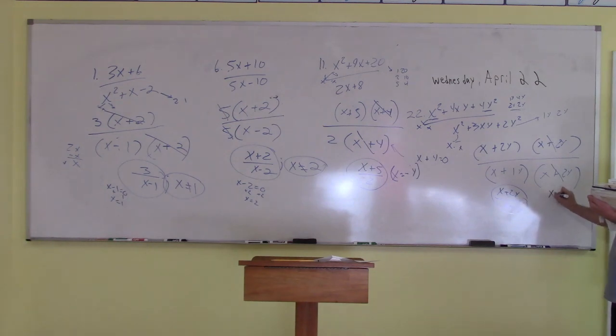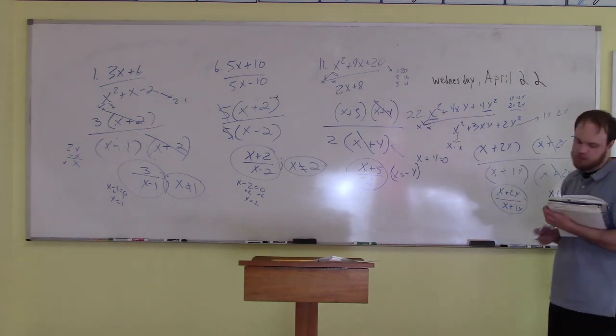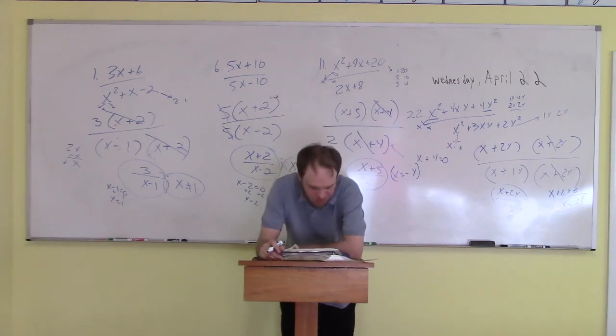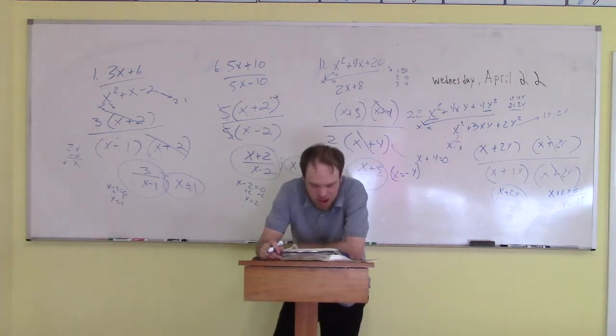That would set x plus 2y equal to 0. And so x cannot equal negative 2y, and that would be the simplest form. That pretty much is all you're going to have to do. You just have to keep in mind how you factor, but outside of that, that's all you're going to have to do.